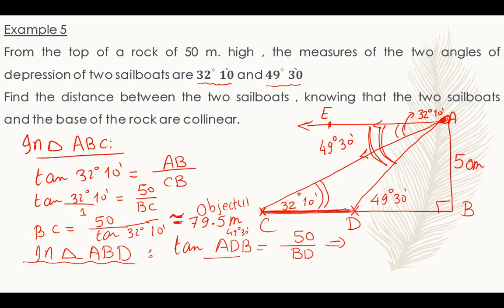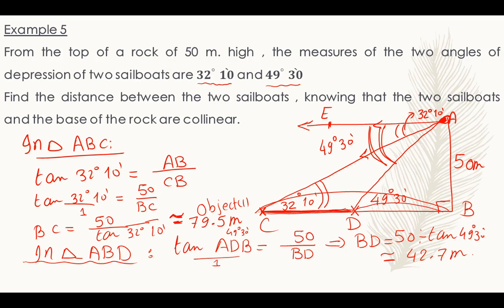So the length of BD equals 50 divided by tan 49 degrees 30 minutes. By using your calculator, BD is approximately 42.7 meters. So in the first case we found the length of BC, and in the second case the length of BD.